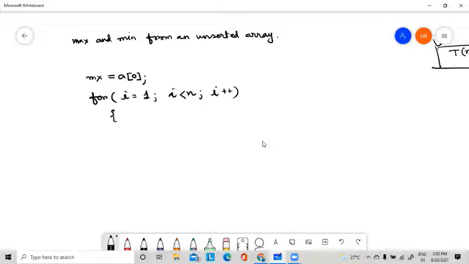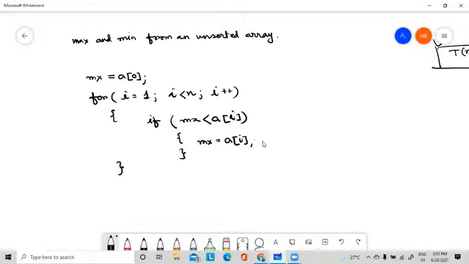Then you check whether this maximum value is less than any other value or not. If this maximum value is less than any other value, then that value becomes the maximum, and this way I can calculate the maximum element.